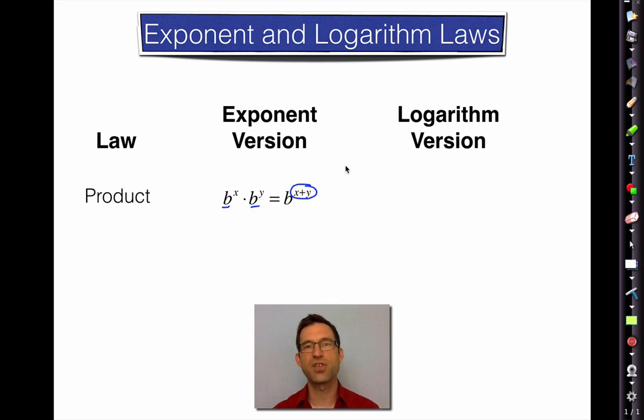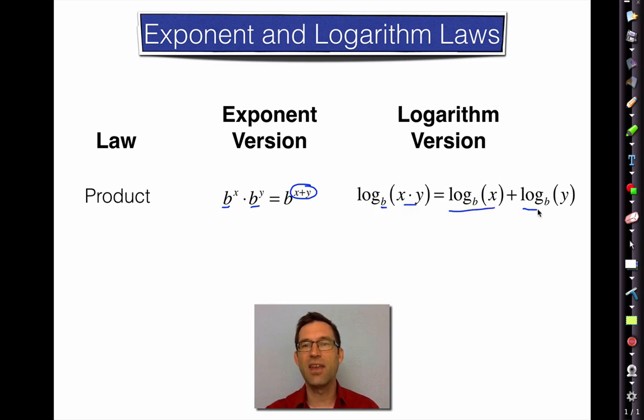X squared times x cubed is x to the fifth. The logarithm version, on the other hand, is when you take the logarithm, base b, of a product, you can then add the individual logarithms together. And vice versa. You can also move this back in this direction. Never forget that laws, or equality, are a two-way road.